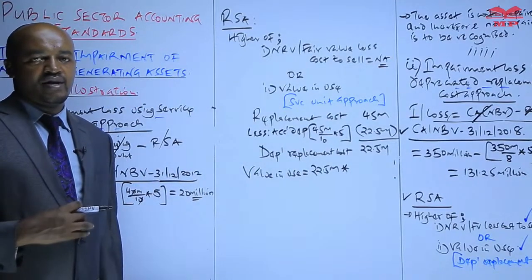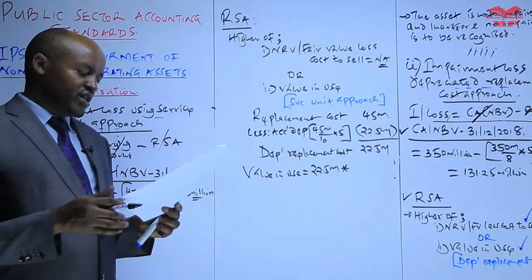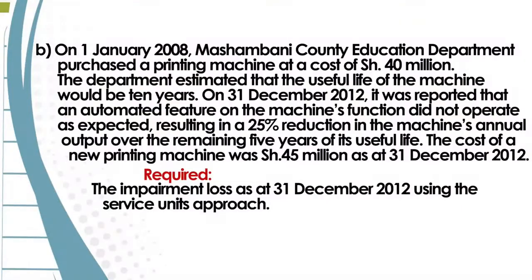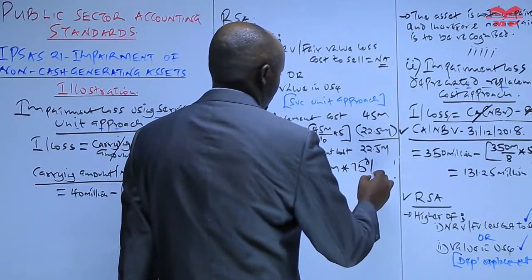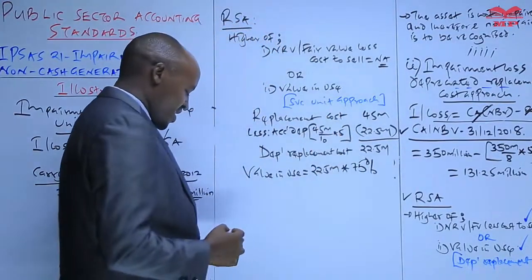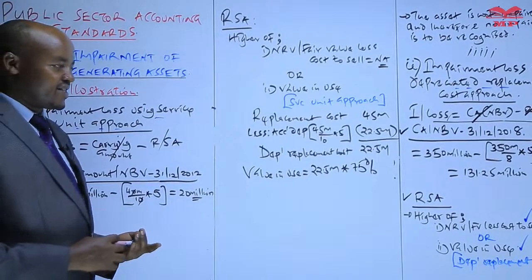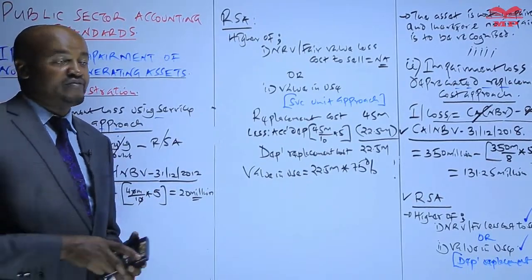In that question, we are told that due to the automated feature of the machine not operating as expected, the annual output of this machine in the next 5 years was expected to reduce by 25%. So the remaining service potential over the next 5 years is 75%.